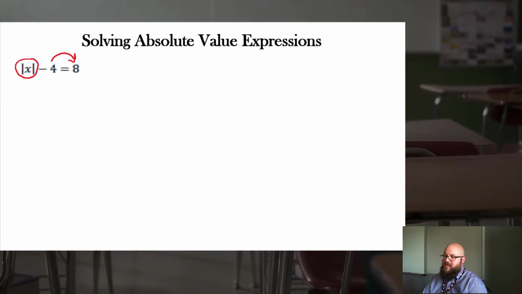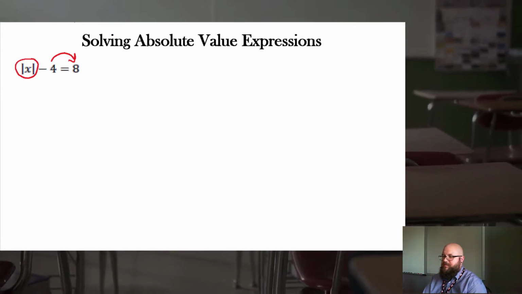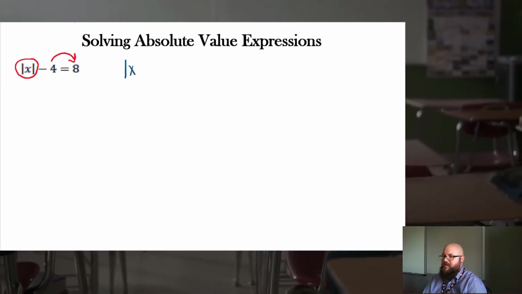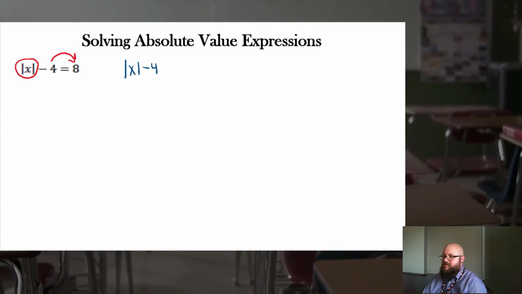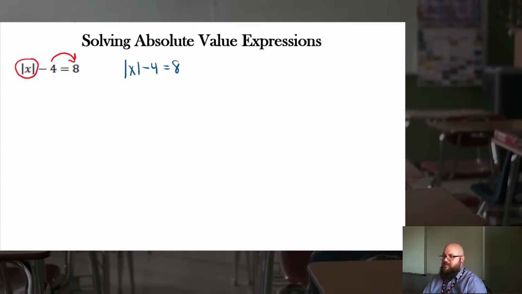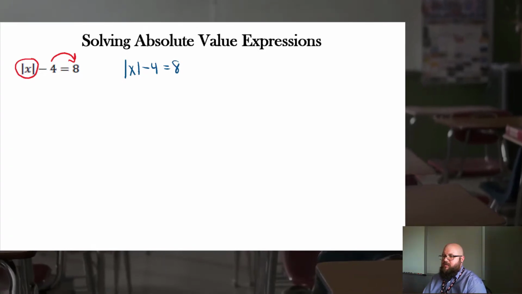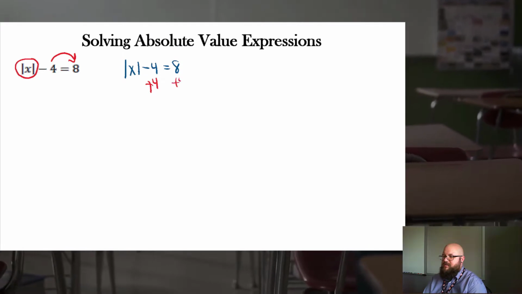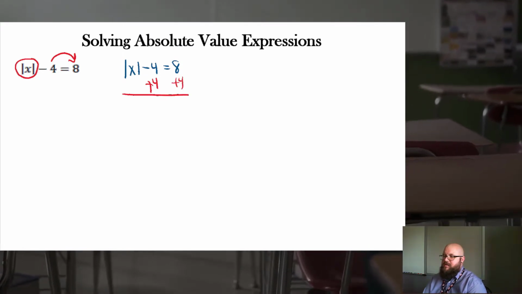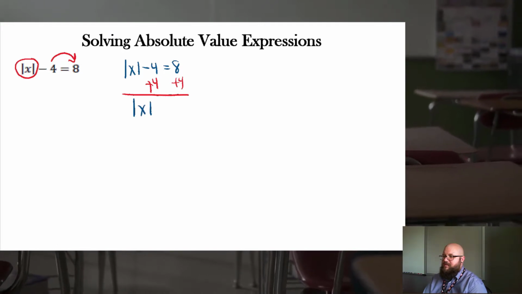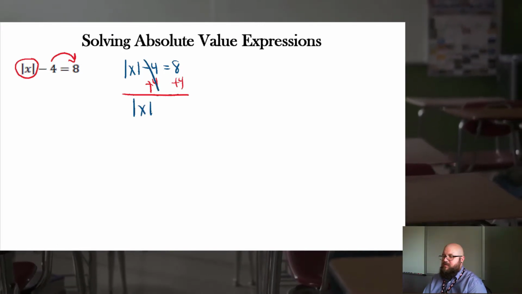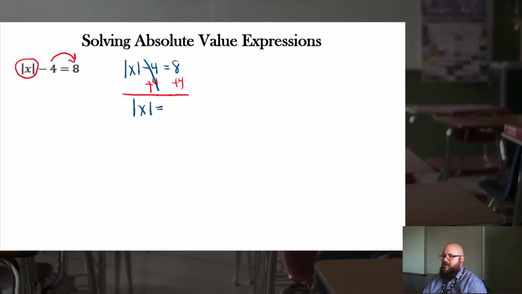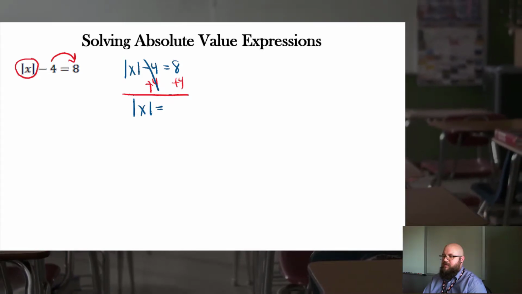So we have the absolute value of x minus 4 equals 8. To get rid of that 4, let's add 4 to both sides. And so we will be left with the absolute value of x. Those 4's go away, and 8 plus 4 is 12.